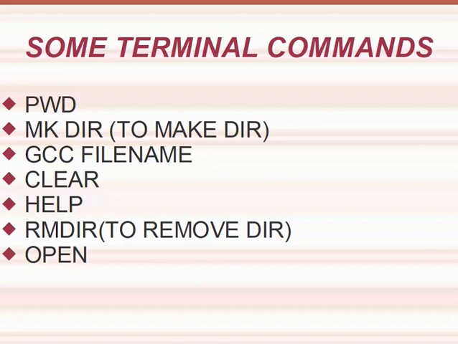In this you write gcc and the file name, which is the name with which you are saving the program you are creating. clear is used to clear your screen, because if you write so many commands, your screen will get full of these commands and you want to clear it. So you will use this word clear to clean up your screen. help is used to know the information about the terminal that you are using and its commands.